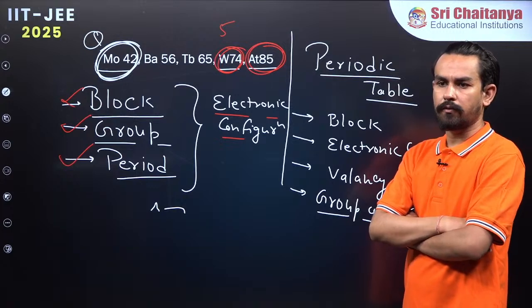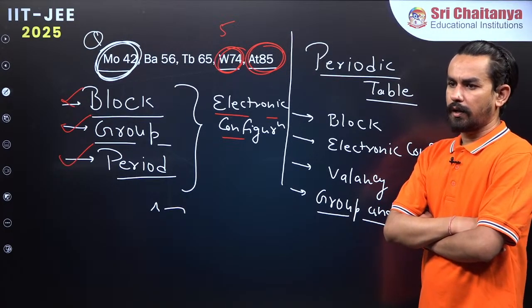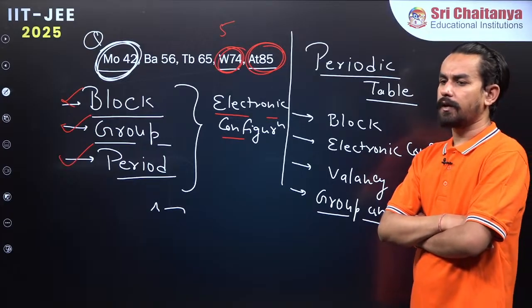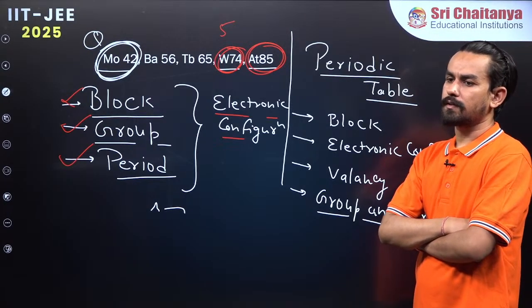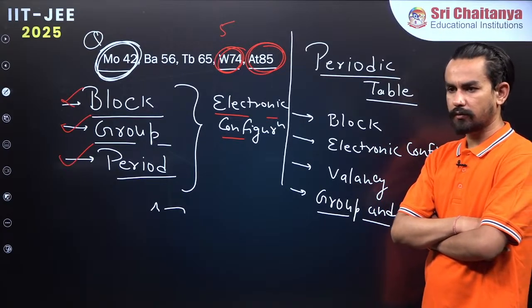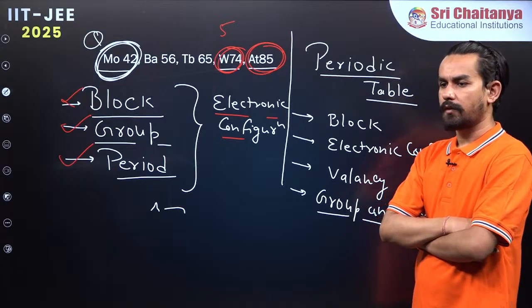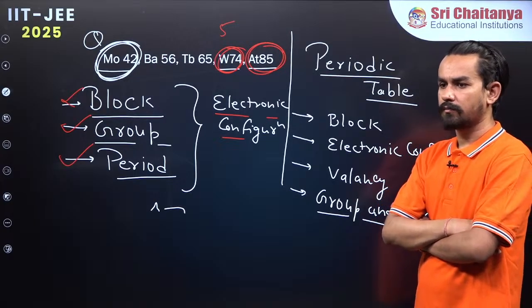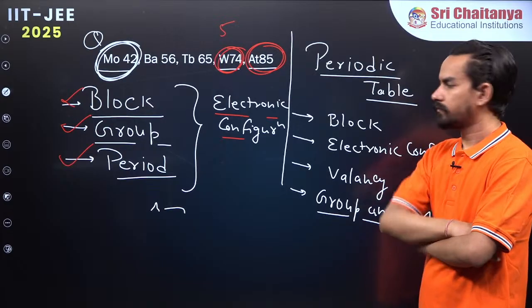Astatine 85. Group 17, sixth period. What is the block? Write the block also. 17, 6. Very good. Block, p block. Very good.